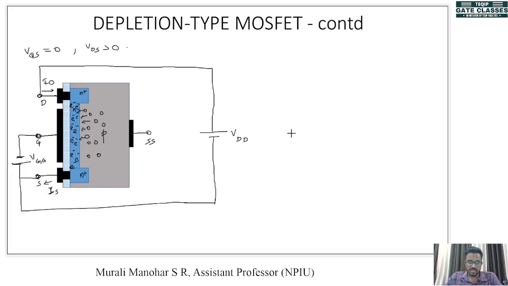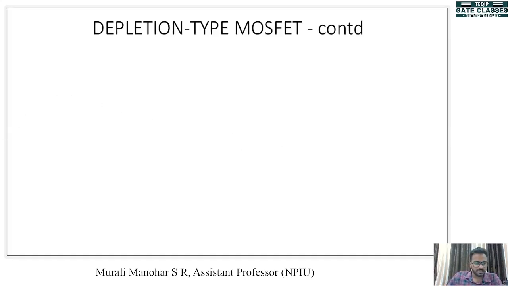Okay, so we can draw the characteristics here. So here I am drawing the output characteristics. Output characteristics is between ID and VDS for constant VGS.